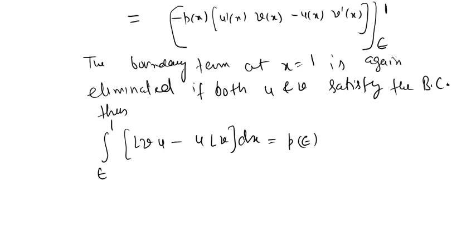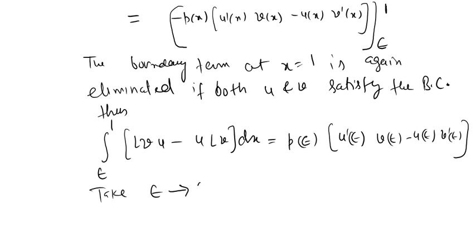So p(epsilon) times u'(epsilon) v(epsilon) minus u(epsilon) v'(epsilon). Now take the limit epsilon goes to 0.